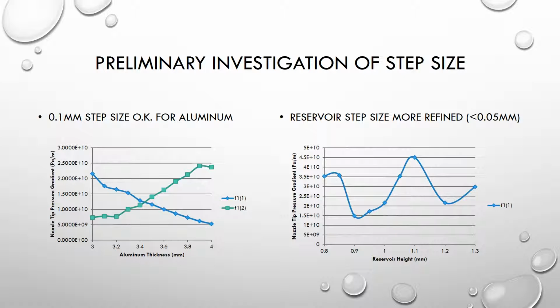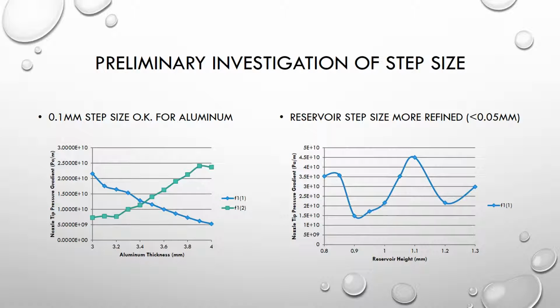The work I've done so far is about 20 simulations, just to see how much I can increase the aluminum thickness or the reservoir height without missing too much detail in the response. The y-axis in both plots is the nozzle tip pressure gradient, which is what I want to maximize. The x-axis on the left is the aluminum thickness, and on the right the reservoir height.